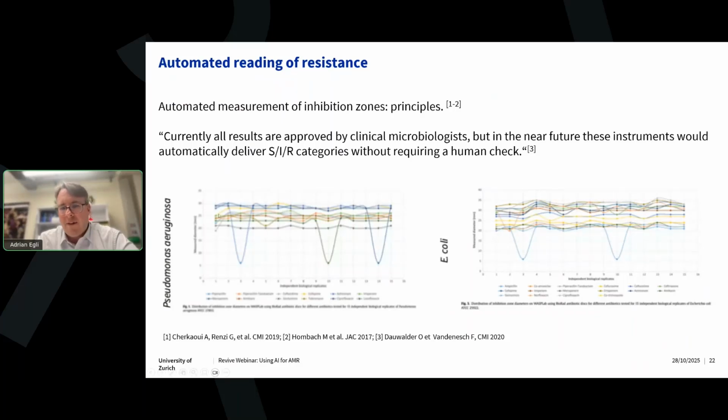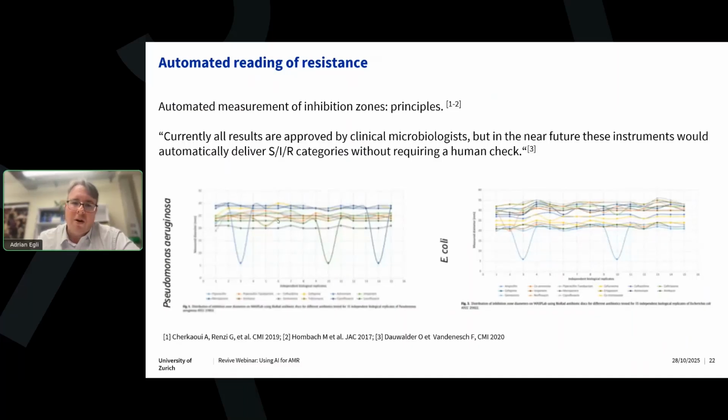And you see here, every colored line is an antibiotic and how many millimeters of inhibition zone were measured. And what you notice is that it's extremely stable with a few exceptions. There are 5 outliers which you can see, but the measurement overall is within the margin of ±1 millimeter. So that's an extremely precise measurement.